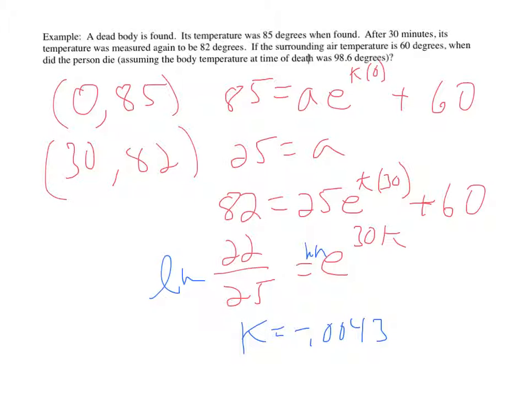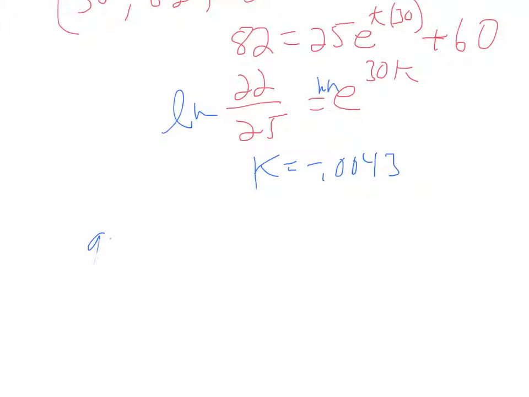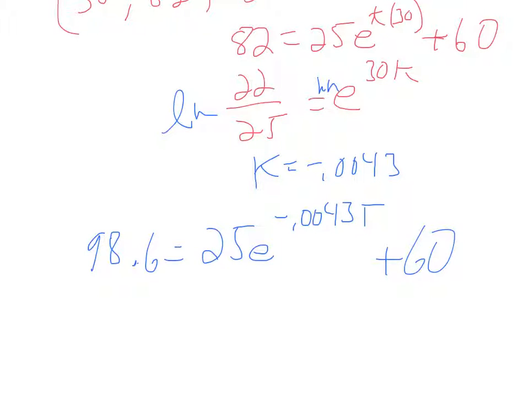And then, when did the person die? We're assuming the normal body temperature is 98.6 degrees. So we want to know at what time the temperature was 98.6 degrees, given that we have 25 e to the negative 0.0043 t plus 60. Now the algebra we're going to do: subtract 60, divide by 25, take the natural log of both sides, and then divide by that, and that should give me the t.